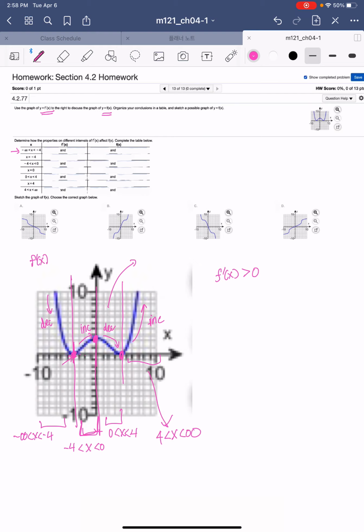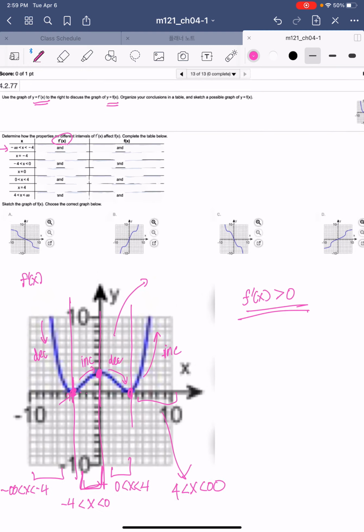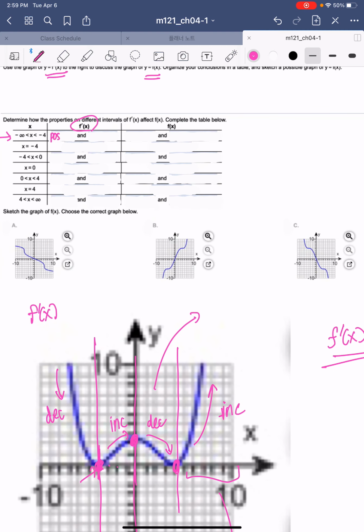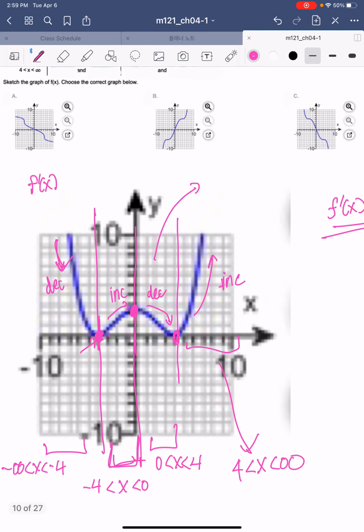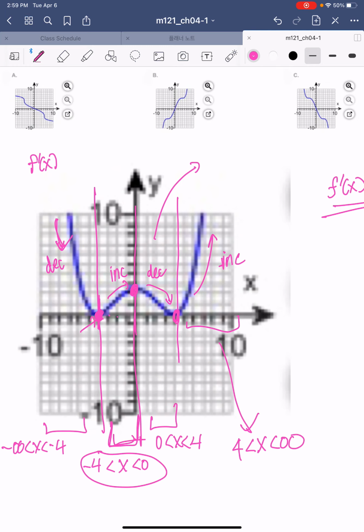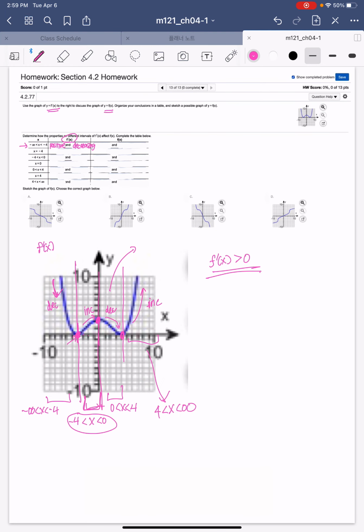Now let's start to fill in the blank. First part, you have f prime, two things: positive, but decreasing. I'm gonna skip this one for now because that's a point. This region right over here, the second interval between negative 4 to 0, which is this one here, I have still positive, right?